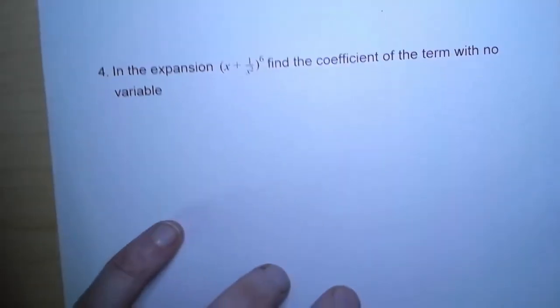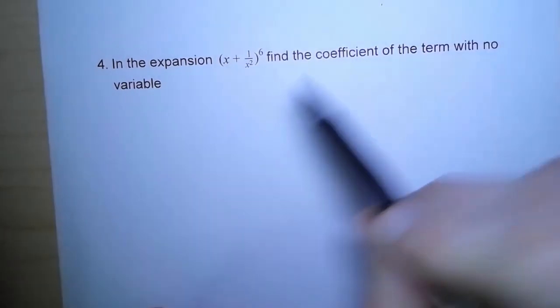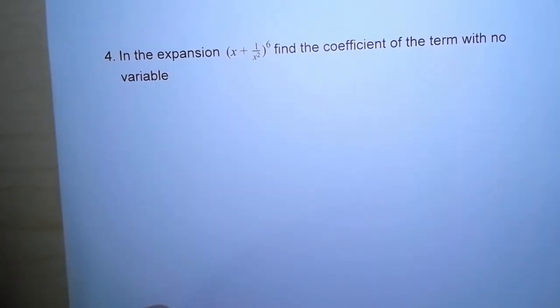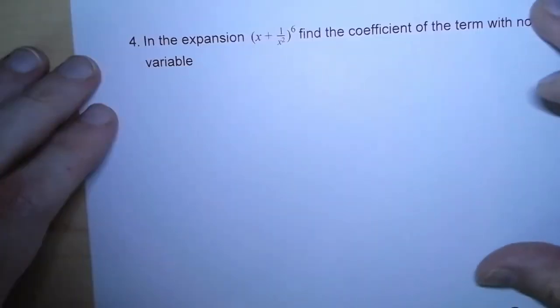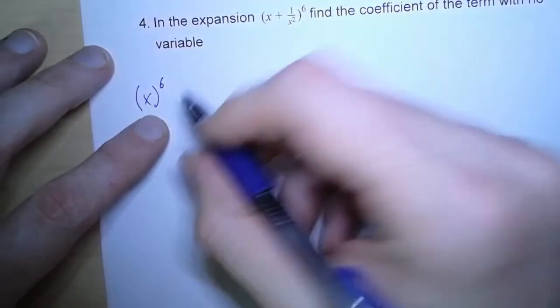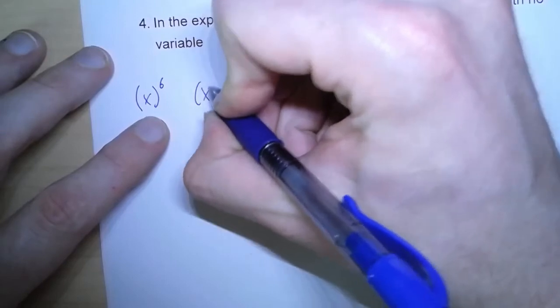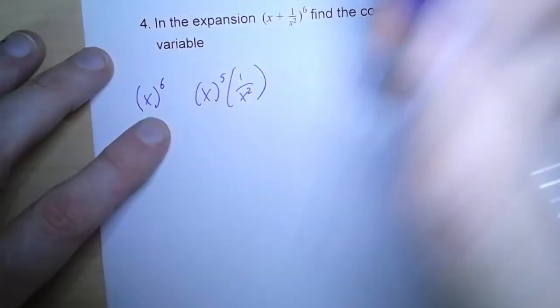Now in this last one, we want the expansion. Find the coefficient of the term with no variable. So let's write out what this might look like. We're first going to have x to the sixth. Nope, there's a variable there. Then we're going to have x to the fifth times 1 over x squared.